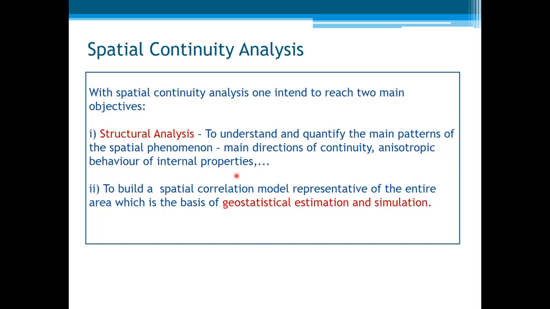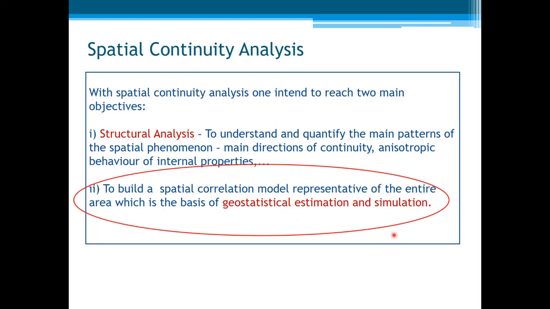The second objective consists of capitalizing the spatial pattern knowledge of the previous step and summarizing it in a spatial correlation model representative of the entire area, which is the basis of the geostatistical estimation and simulation models that we'll see later on.